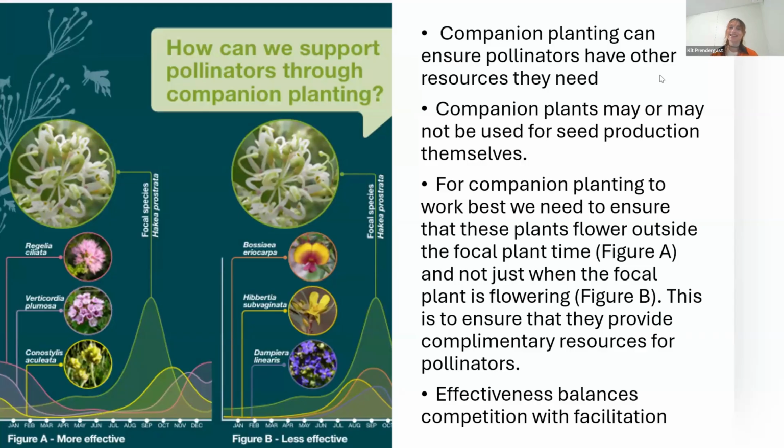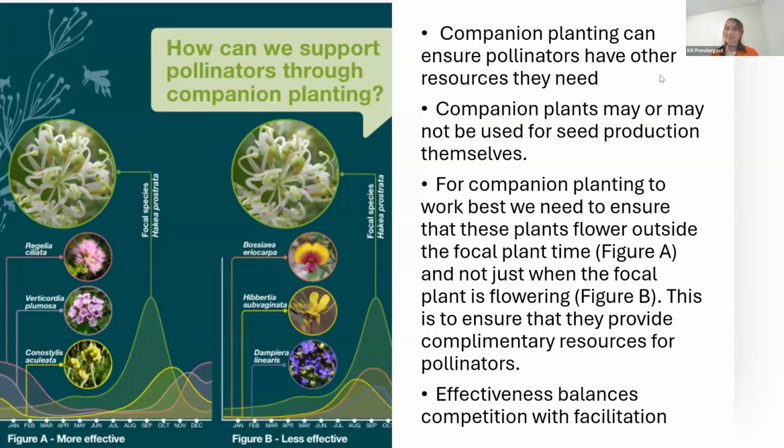But yeah, companion plants are really important if you've got a target seed production plant that, say, only offers pollen. In Australia, we've got a lot of acacia, which are these typically yellow, fluffy flowers. They're super diverse, over 1,000 species, and they're in the family Fabaceae. They fix nitrogen and grow very rapidly.